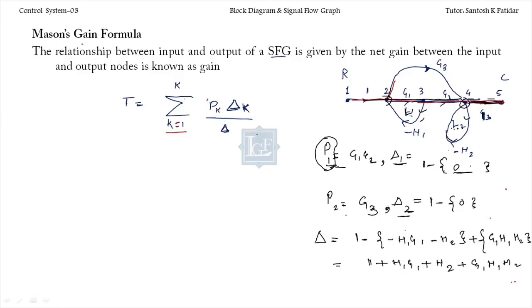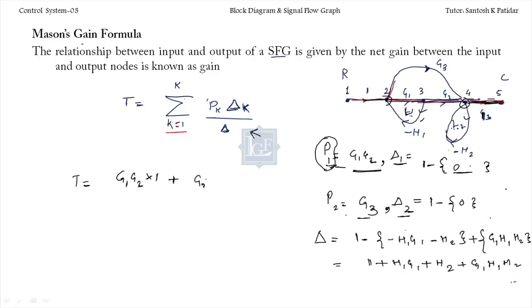Now we'll keep all these values in this function. It will be T. Now what is the P1? P1 is G1 G2. The value of del 1 is 1 over here. Plus, so this is the summation given over here. I'm considering plus. What is P2?